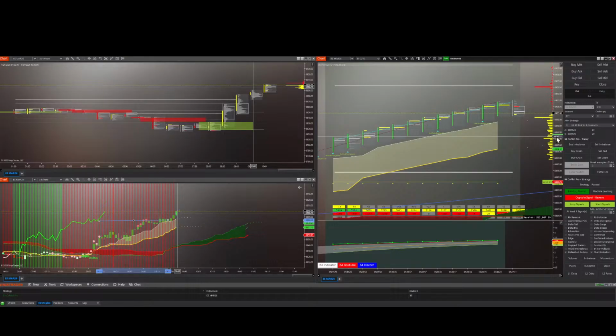Sellers are showing interest here. Excessive buying at the top, and then the sellers kicked in, and the majority of the volume is below the buying interest here.